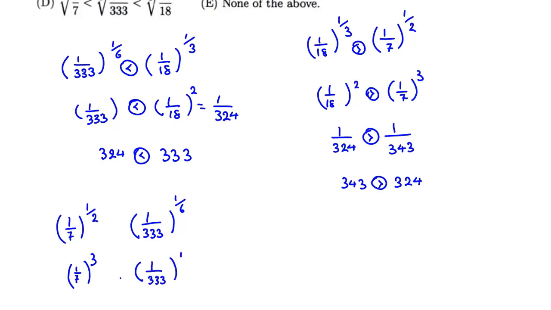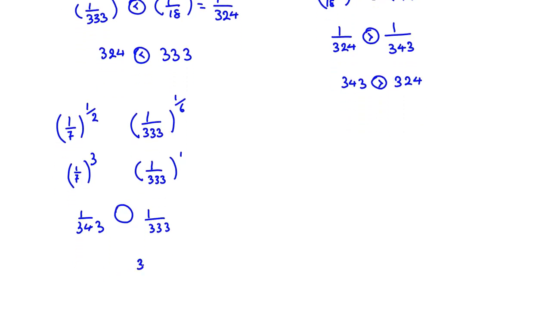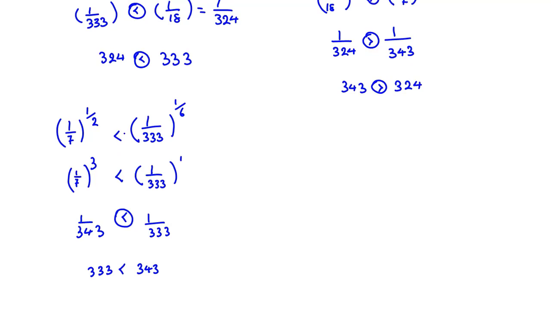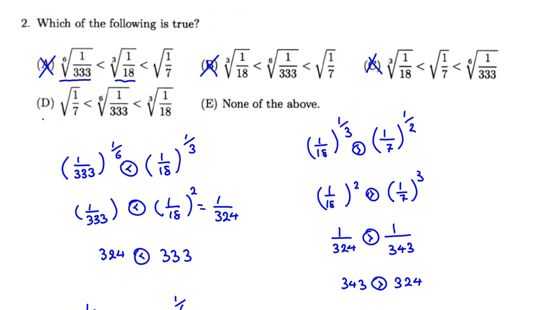And we will see it is equal to 1 over 343 and 1 over 333. So it is a general idea, and which of them is greater? We can say 343 is greater than 333. So this one is greater, and we understand that this is greater than this, and the answer is D.